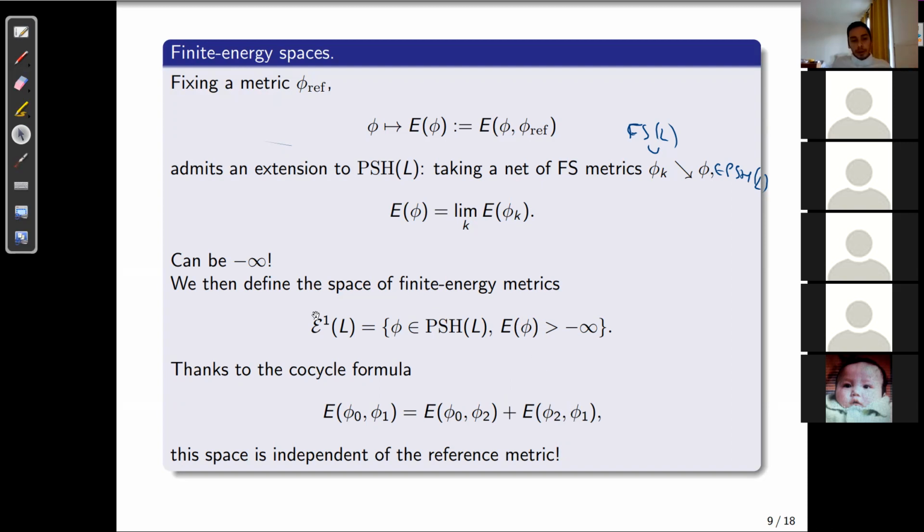So this space is in fact independent of the choice of a reference metric. But we have to deal with these reference metrics anyway, especially in the non-Archimedean case, where sometimes we just do not have a canonical metric to use.